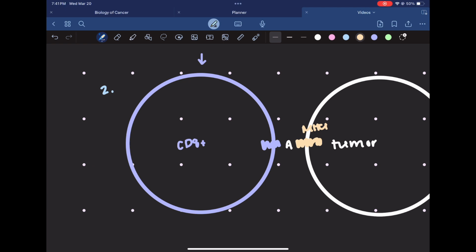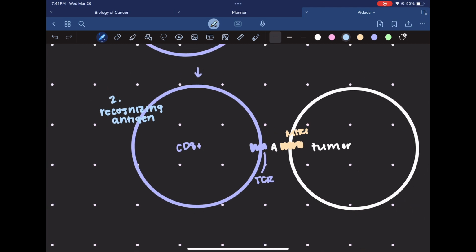We have my antigen labeled as an A. This is again that T cell receptor. It's going to recognize this antigen. So I'll label this step as recognizing the antigen. And it's going to attack that tumor cell because it has the matching antigen present.